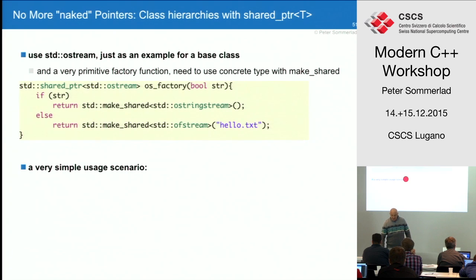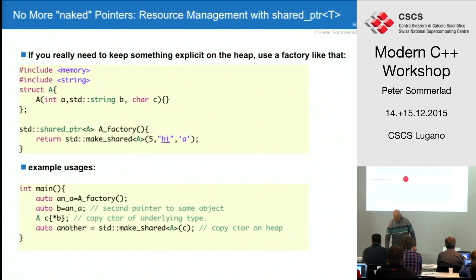If you have class hierarchies with shared pointers... Question? Can you go back to the previous slide? The very contrived example. Yeah, so in main you have the first assignment from the factory and then the second assignment.